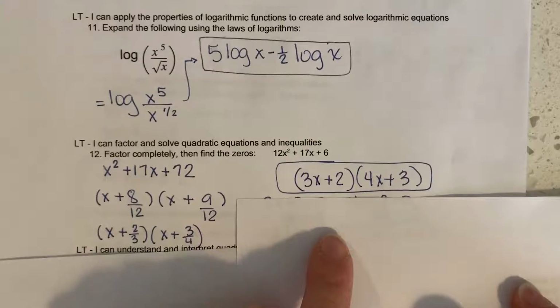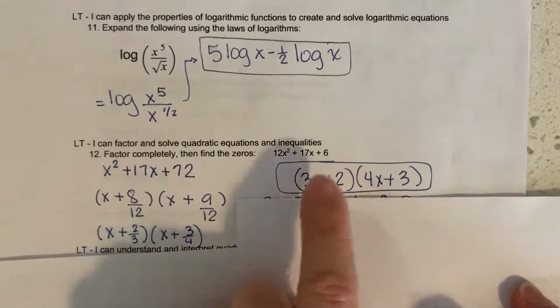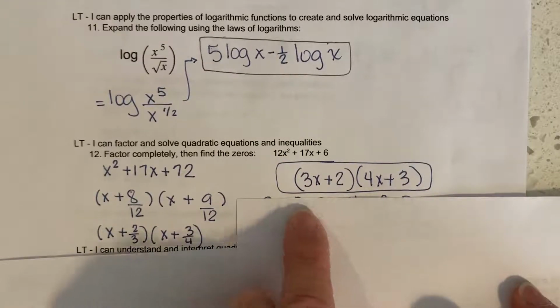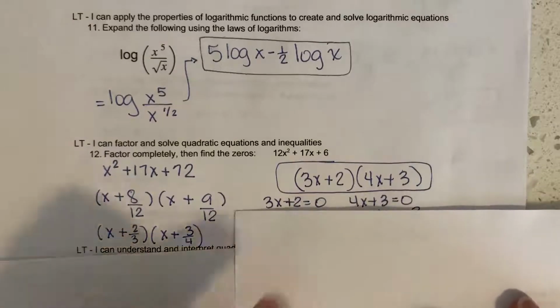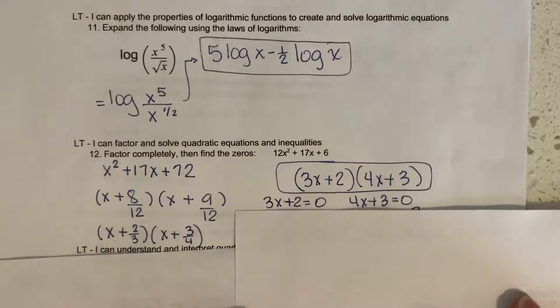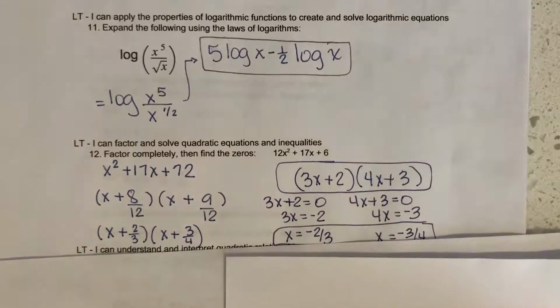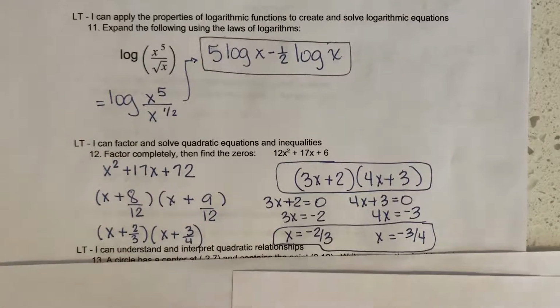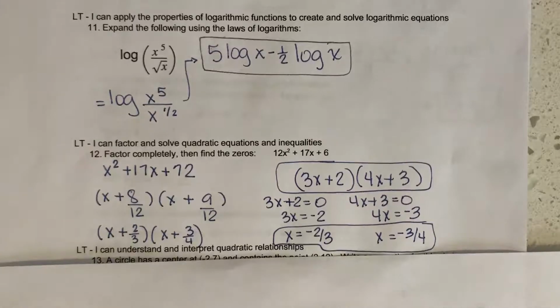So to find the zeros, you set each one of these equal to 0 and you simply solve for x. So I wrote them each and I have them each set to 0 right there. And then we simply solve them and you get your answer, which is negative 2/3 and then negative 3/4.